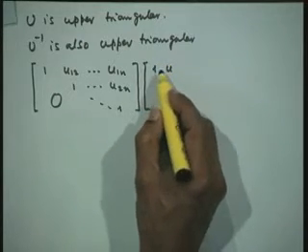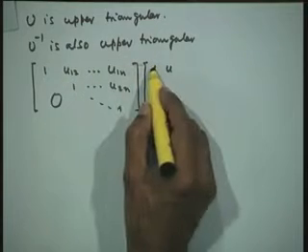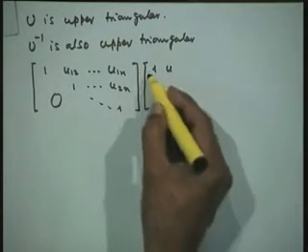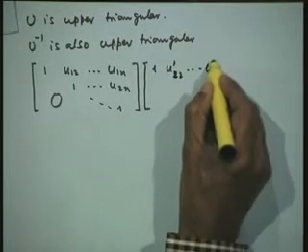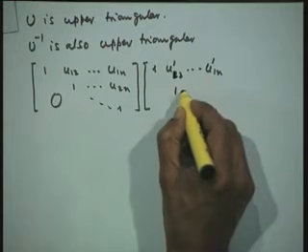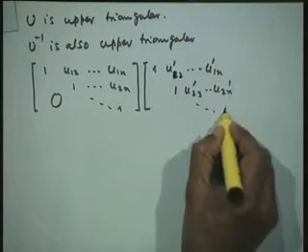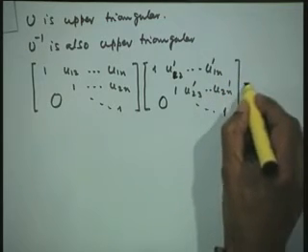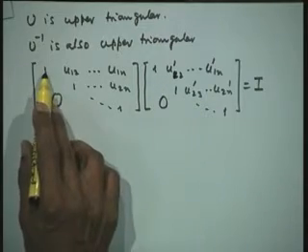I am writing the diagonal elements directly, because if I write U 1 1 prime, I know 1 into U 1 1 prime will be equal to 1. So, I can write down 1 itself, then U 1 2 prime, U 1 n prime, 1, U 2 3 prime, U 2 n prime, and so on, 1, is equal to I. Now, I have already replaced the diagonal elements, because they will be the inverse of these elements.